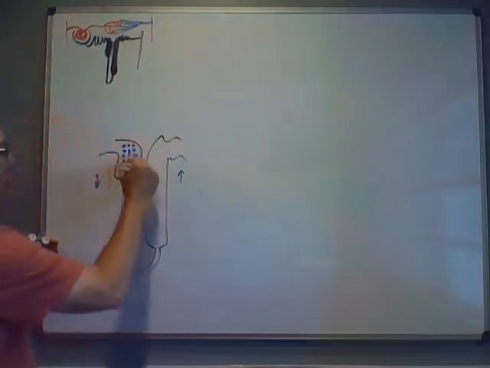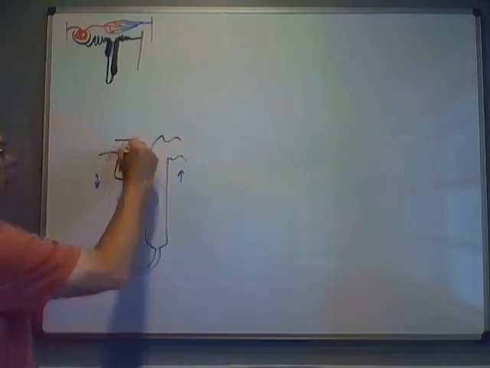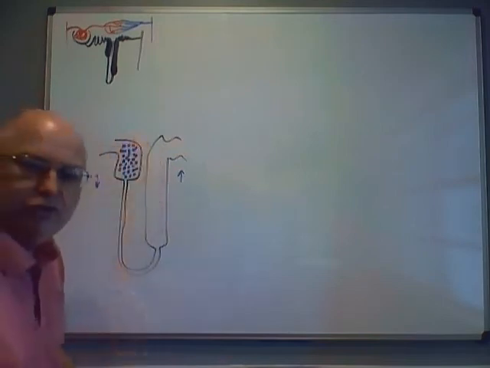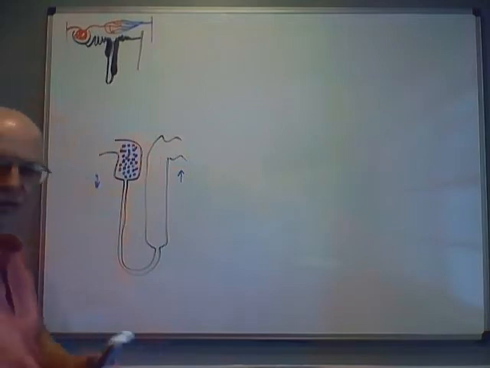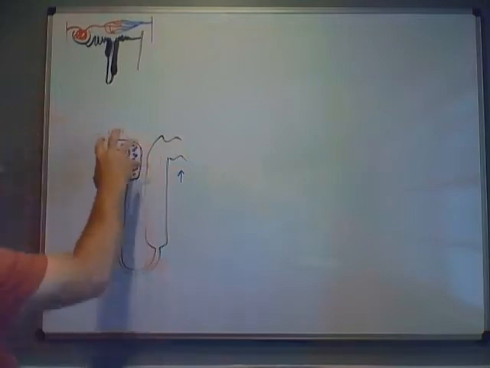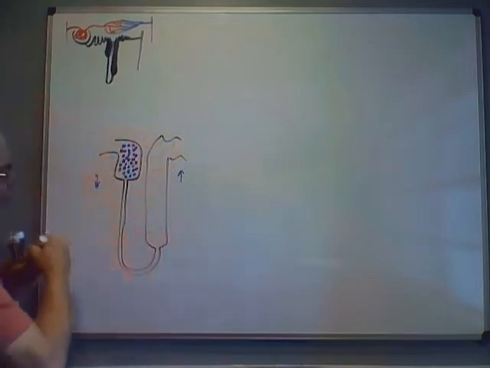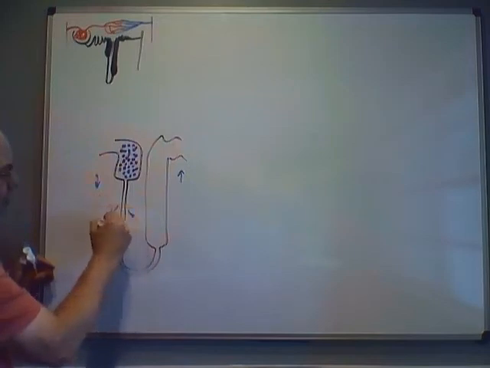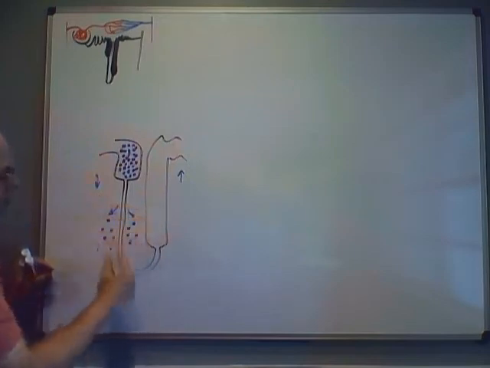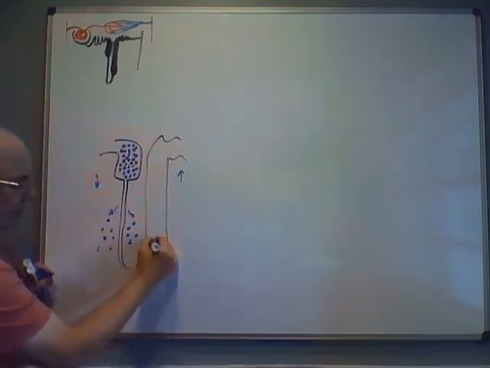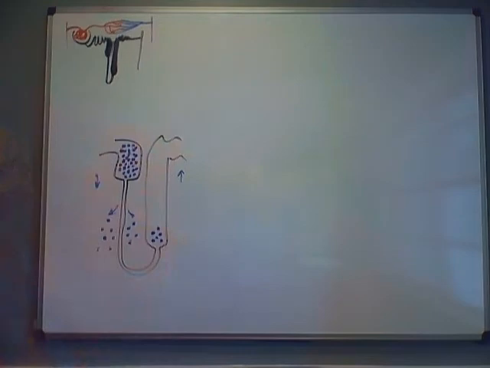And I have some waste molecules. All the amino groups and ammonium ions and urea and stuff. I have a certain concentration. It's diluted out by a lot of water. As that goes through the thin descending limb, if I start to pull all these water molecules out, by the time I get over here, let's say I have way less water molecules.